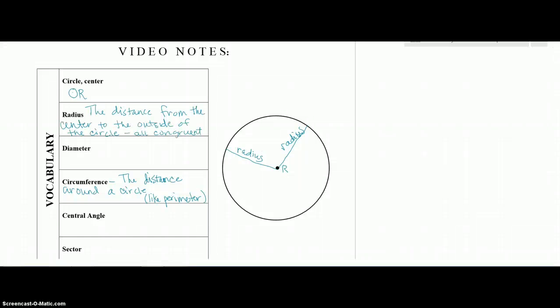So the radius is just the distance from the center of a circle to the outside of the circle. Okay, so if the radius goes halfway across the circle from the center to the outside, if you draw in a segment that goes the entire distance across the circle, that is called a diameter. And no matter how many diameters you draw, those are also going to be the same length.